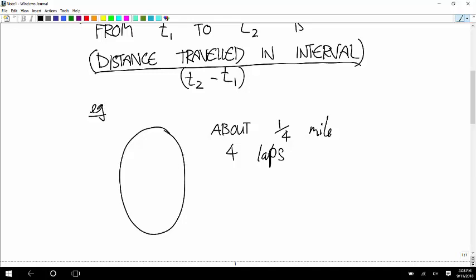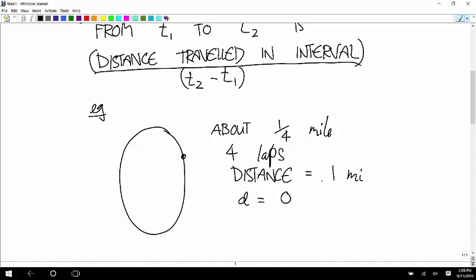So if you do 4 times around, you start here and you go 4 times around. The distance that you've traveled is 1 mile. What's the displacement? Yeah, displacement is 0. And so that means that the average speed for that 4-lap run depends on how fast you did it.